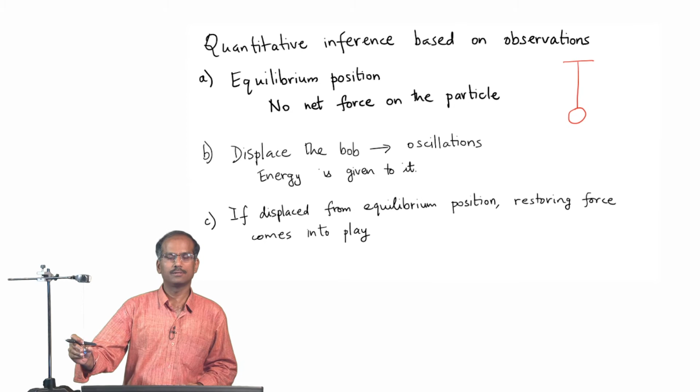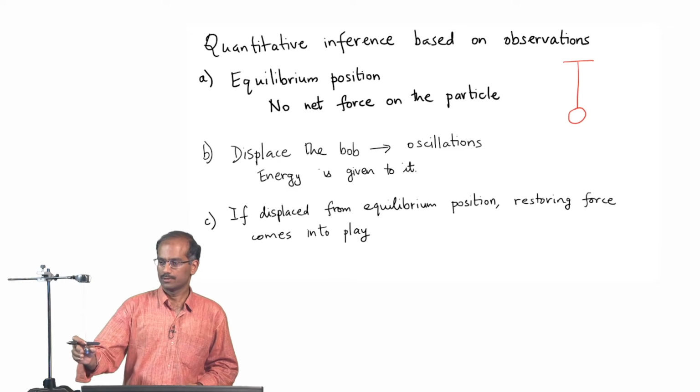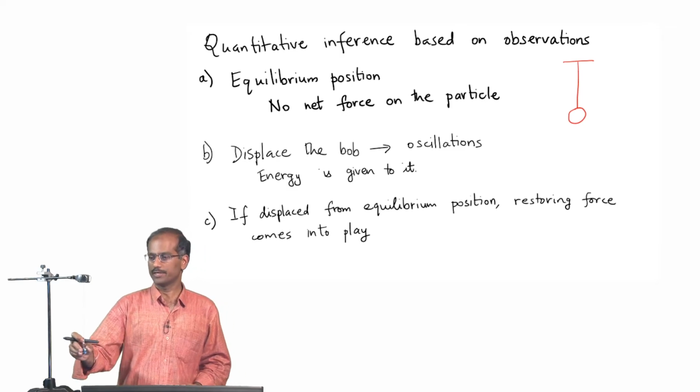So, that means that there is something that we can call the restoring force, a force that tends to restore the bob back to the equilibrium position. That comes into play only when I displace it.